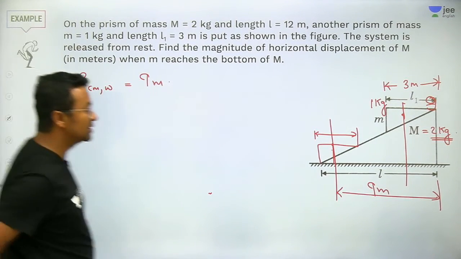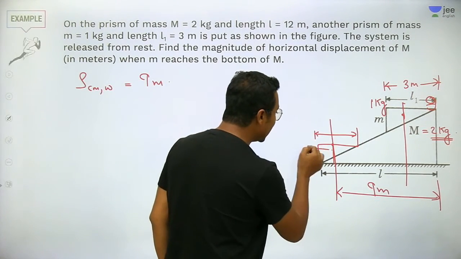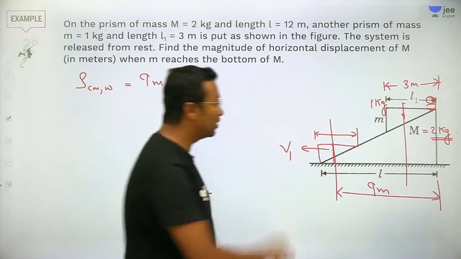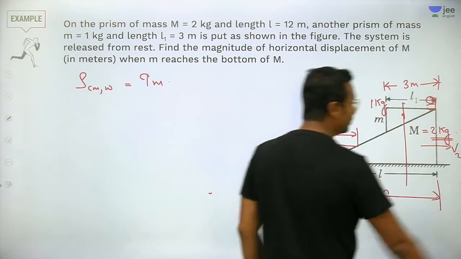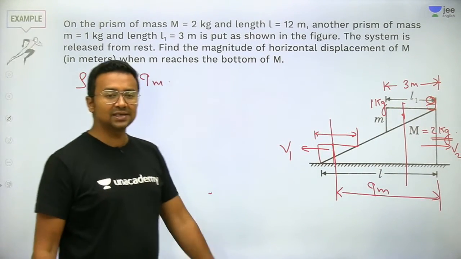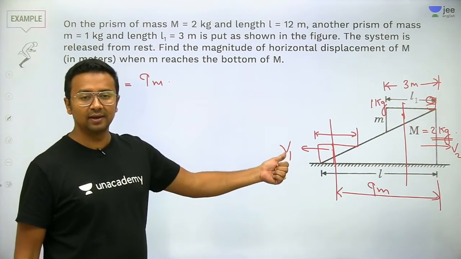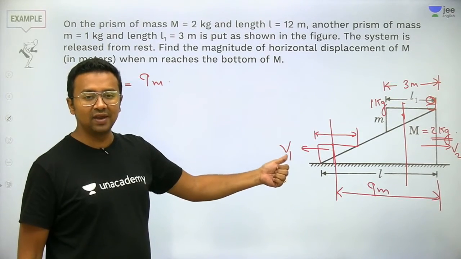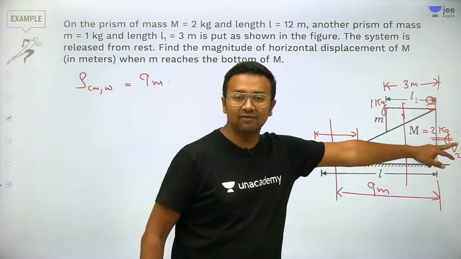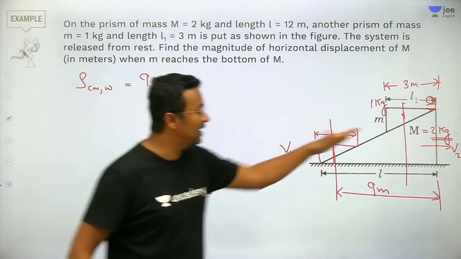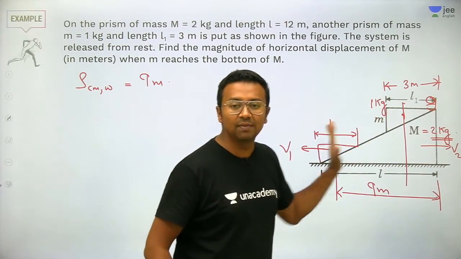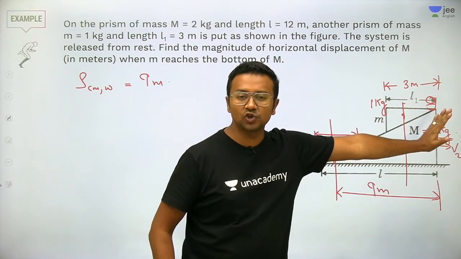Now let's say this is moving with a horizontal velocity of v1 and this is moving with a horizontal velocity of v2. Clear? Now, if this is moving in this direction, then definitely the wedge will be moving in this particular direction with a velocity v2.